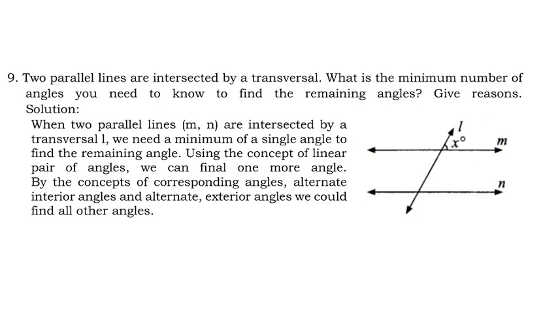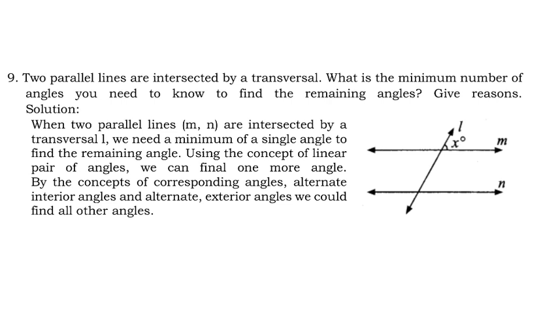Ninth question. Two parallel lines are intersected by the transversal. What is the minimum number of angles you need to know to find the remaining angles? Give reason. Solution. When two parallel lines M, N are intersected by the transversal L, we need a minimum of a single angle to find the remaining angles.